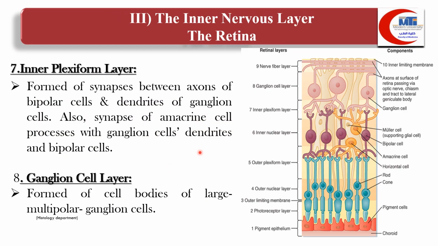The inner plexiform layer is formed by the synapse between the axons of the bipolar cells, dendrites of the ganglion cells, and the processes of the amacrine cells. The ganglion cell layer is formed of the cell bodies of the ganglion cells, which are large multipolar cells.